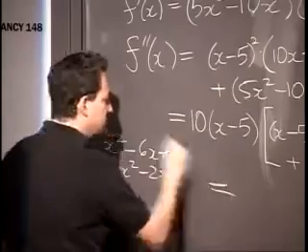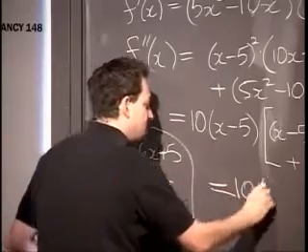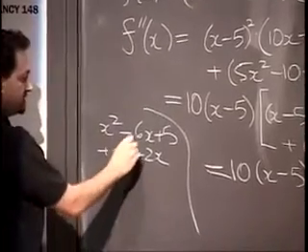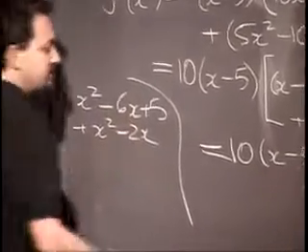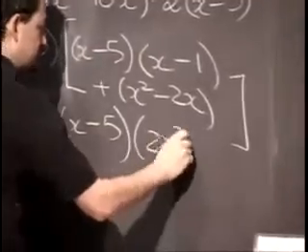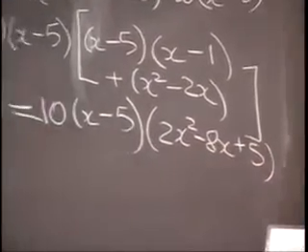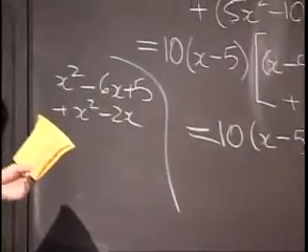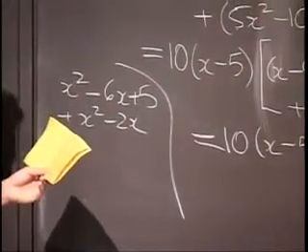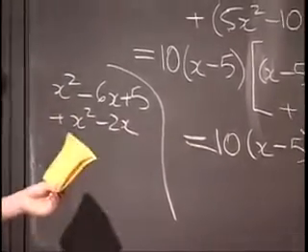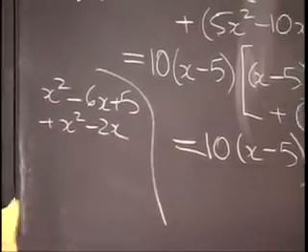So I believe that what you get is 10 times x minus 5 outside of 2x squared minus 8x plus 5. Now maybe I made a mistake. I don't think I made a mistake, although I might have.